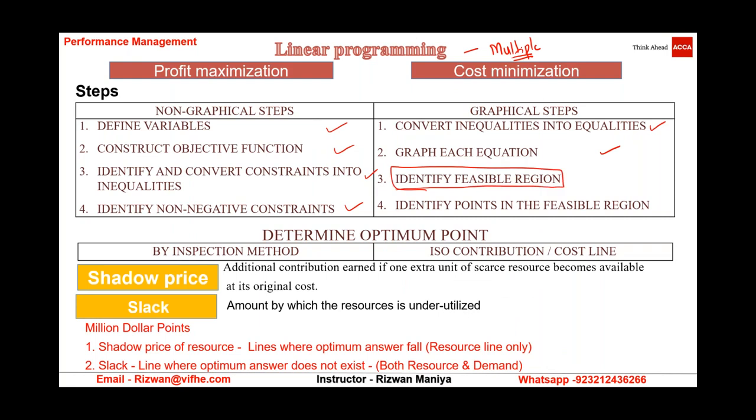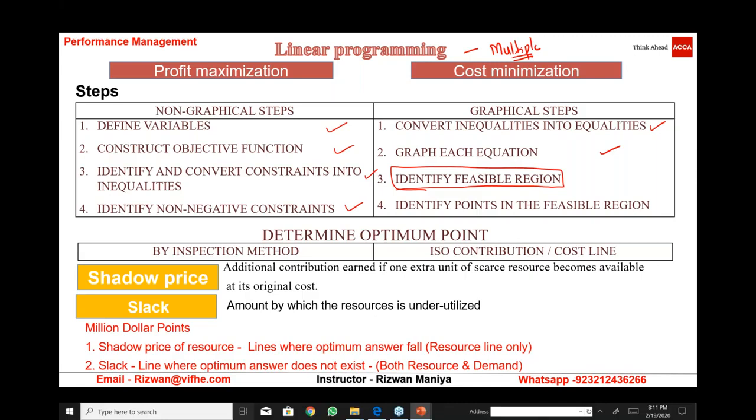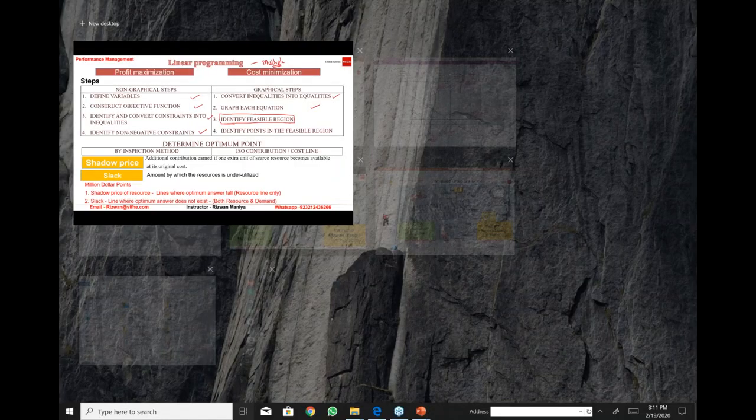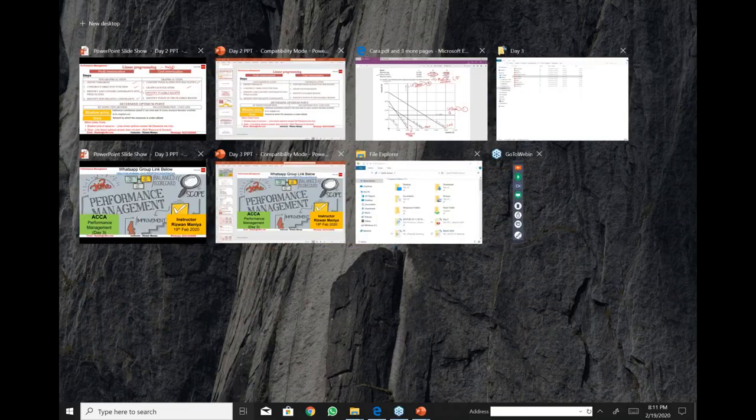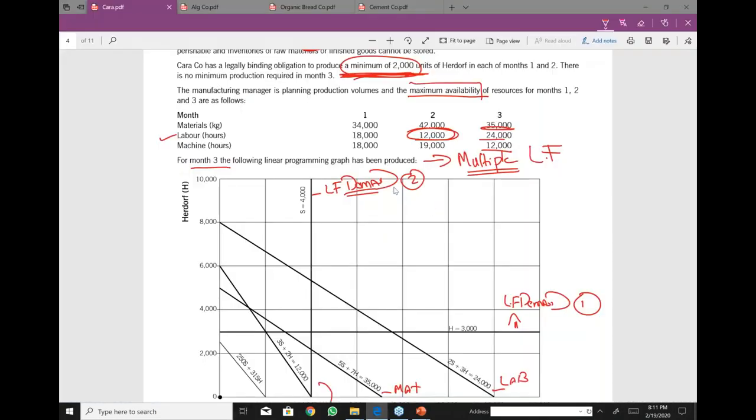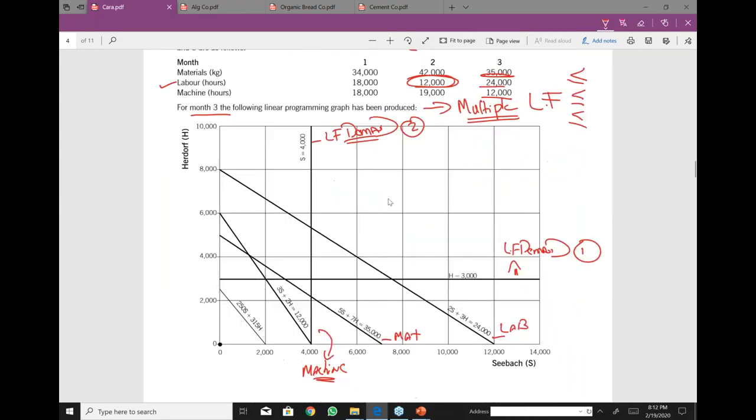Keeping that in mind, if I go to the question, it is very clear by reading here that these are the maximum availability. Maximum availability means that all the limiting factors are less than or equal to, because when I say maximum, it all means less than or equal to, and less than or equal to means that these are the maximum material, labor hours or machine hours that are available.